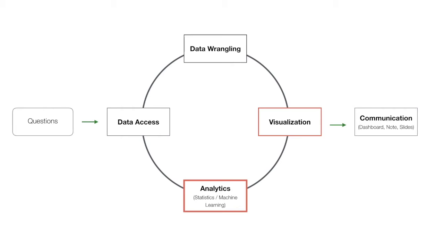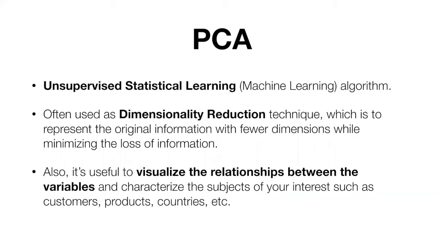And if you allow me to say, it's not just visualization; why you're visualizing has more to do with how you can communicate that insight with other folks or to yourself. Okay, so here's a high-level description of PCA. Number one, this is unsupervised statistical learning.